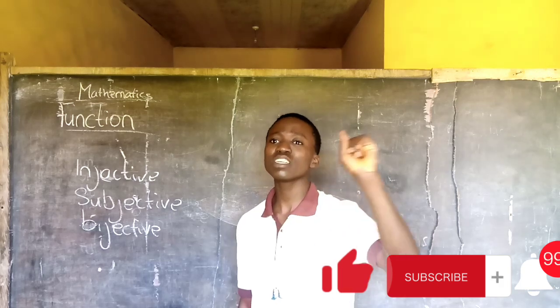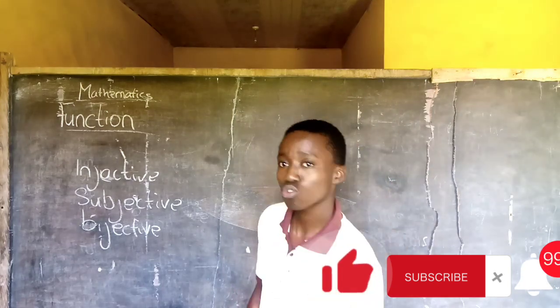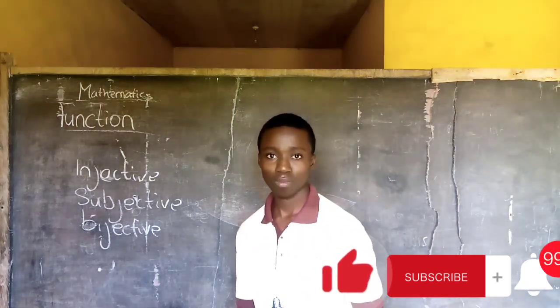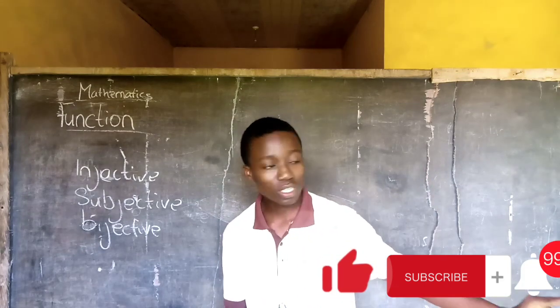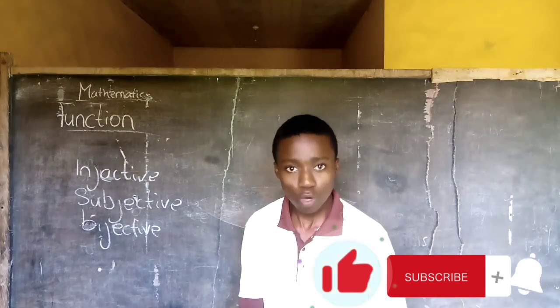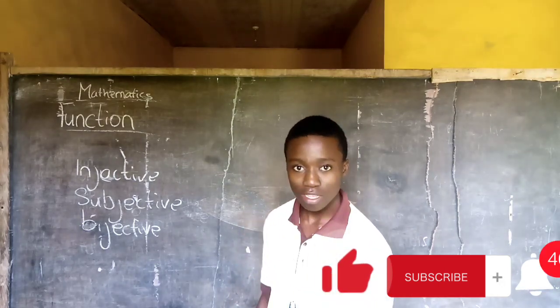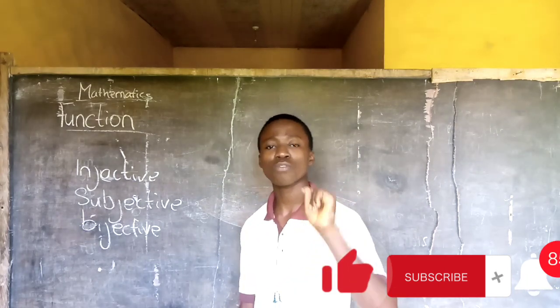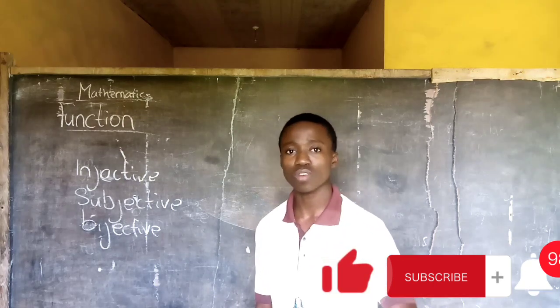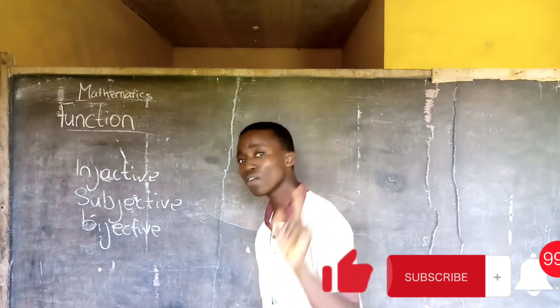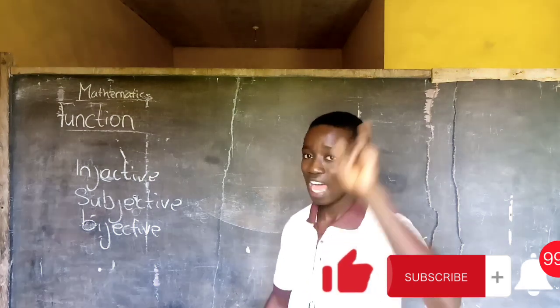So it is left for them to decide what they're going to do with that car. Either they give it to anybody, that doesn't matter. What really matters is everybody will be having a car and 1 car will be left. What about if he's sharing these 4 cars among his 5 children? You will agree with me that one of these children is not going to be having a car.